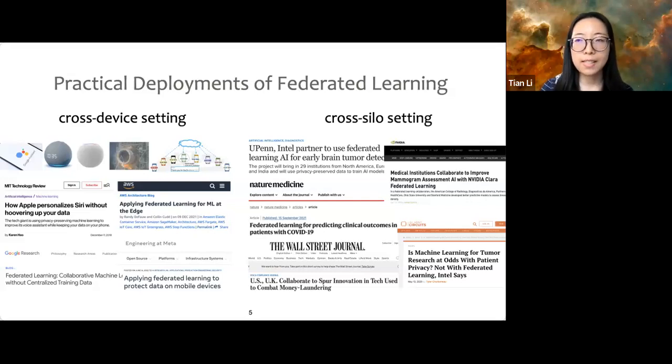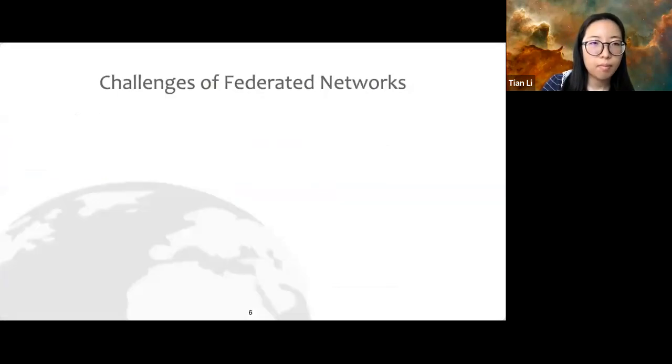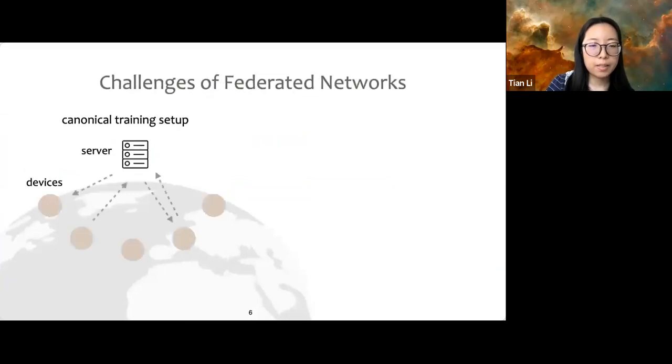Usually the number of clients is smaller than in the cross-device setting. For instance, we may want to do tumor detection across institutions or detect money laundering across banks. Usually there is a central server and a bunch of devices communicating intermediate information with the central server periodically to jointly learn some statistical models.